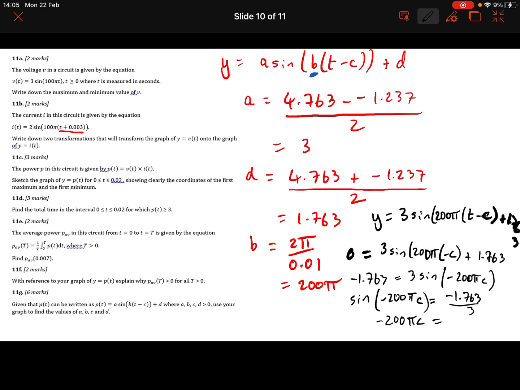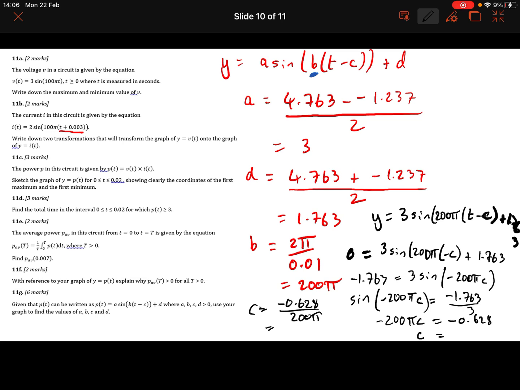So divide that by 200 pi, and I'm going to get 0.00123 to 3 significant figures. And that is the right answer. Sorry, that should be over negative 200 pi, so it's positive. So there is my result.